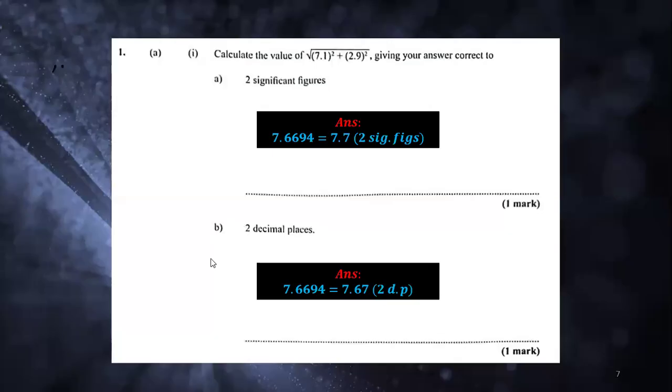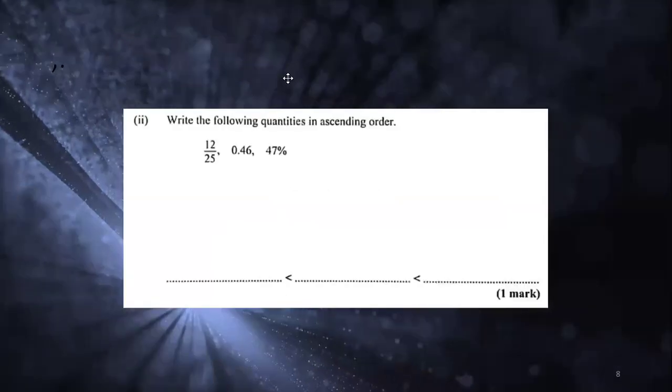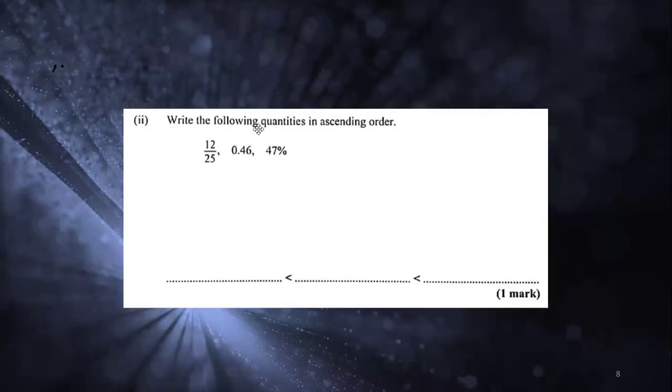All right. So let's look at part 2 of the same question 1. It says here, write the following quantities in ascending order. So the best way is to write each one as a decimal. So 12 divided by 25 is going to be a particular decimal, and 47% is the same as saying 47 divided by 100, or we can look at it as powers of 10.